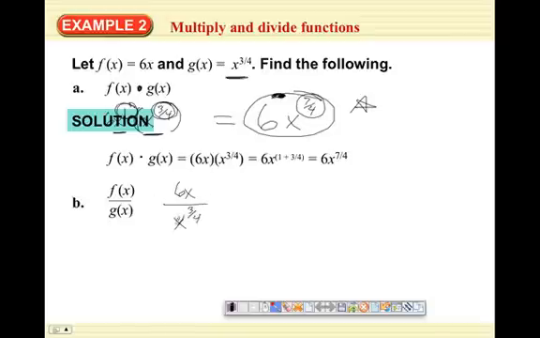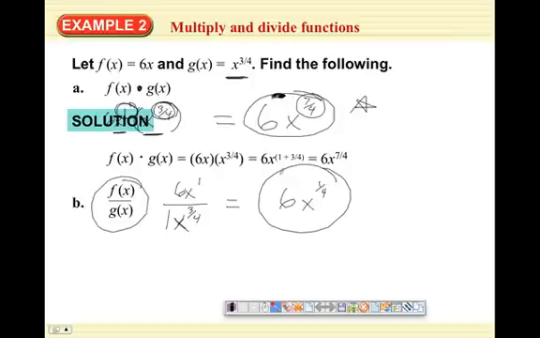Once again, use your rules, which makes 6 over 1 is 6. X to the first over x to the 3/4. 1 minus 3/4 is x to the 1/4. Okay? There you go. That's the easy part. Finding out what f times g and f divided by g are equal to.